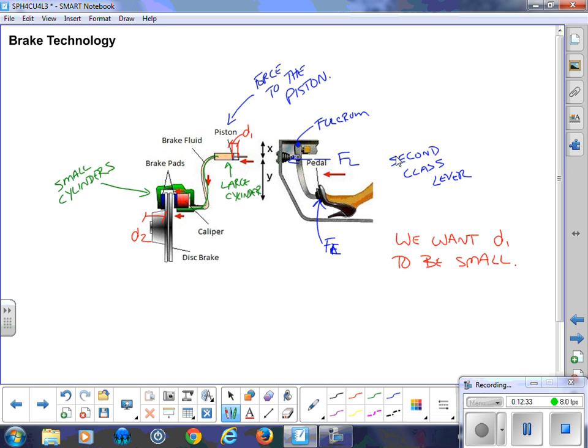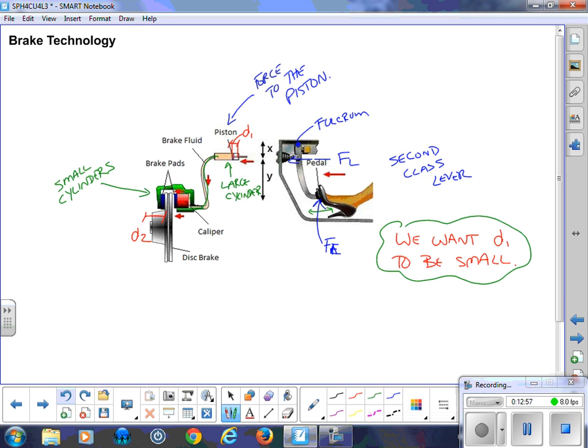If this distance is like 2 feet, you're going to be pumping. It's going to be like biking trying to brake here. If we can make this distance that we need to pump very small, it's a lot more convenient, better reaction time, and so on and so forth. So we want D1 to be small. We want that piston to be small.